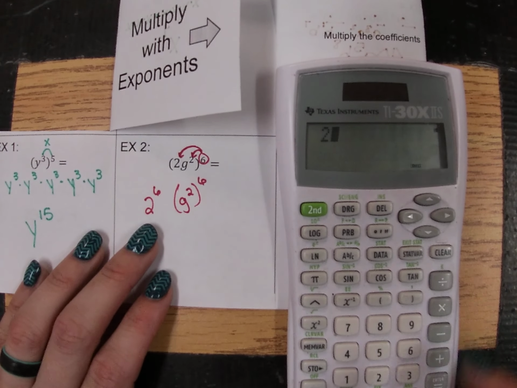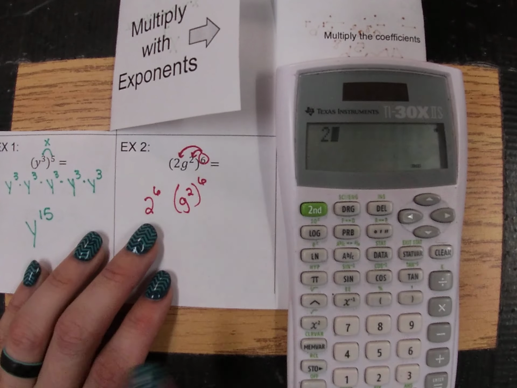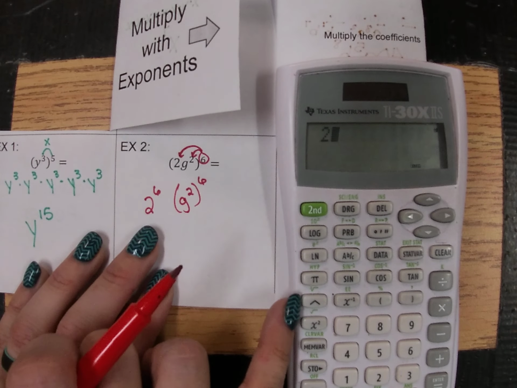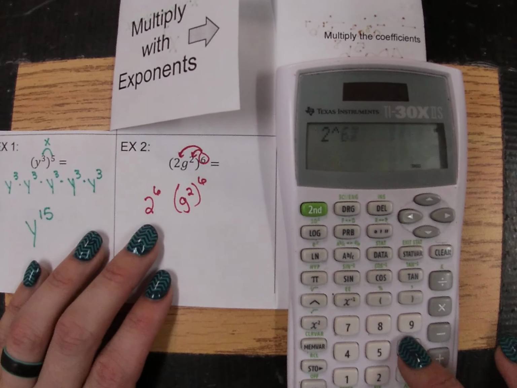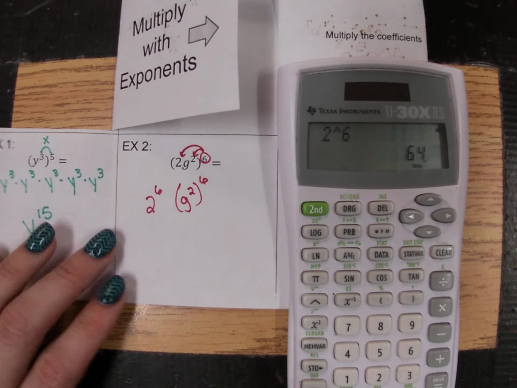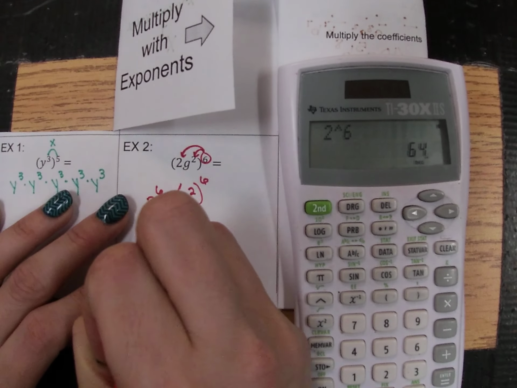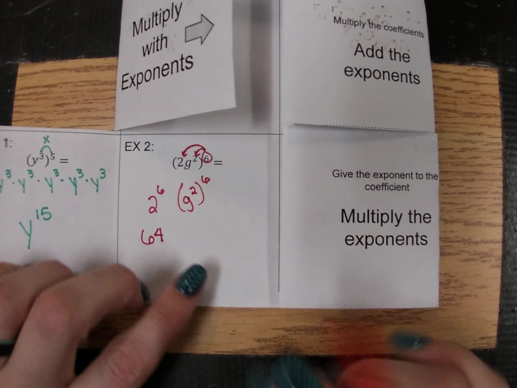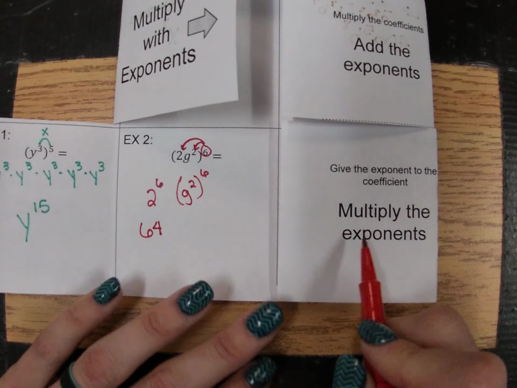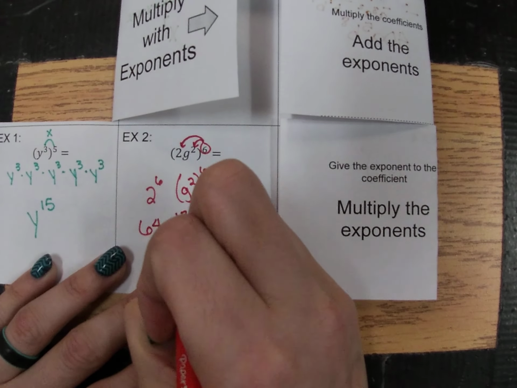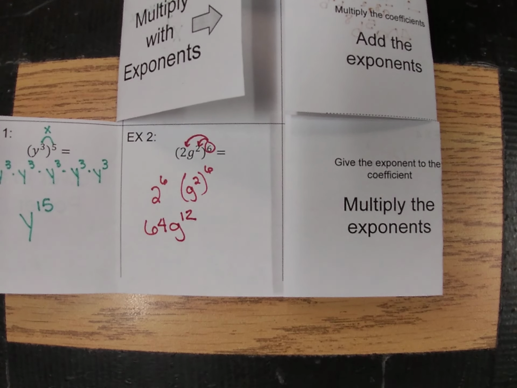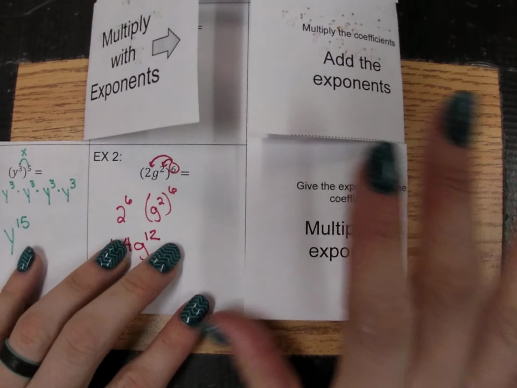If you want to type in any exponent, you're going to type in the base. And then right above the x squared, there's this 2 sides of a triangle. That's your up caret button. And then you can type in the exponent. Okay, so 2 to the 6th power gives us 64. And then an exponent to an exponent tells us to multiply. So 2 times 6 gives us 12. So we'll get 64g to the 12th.